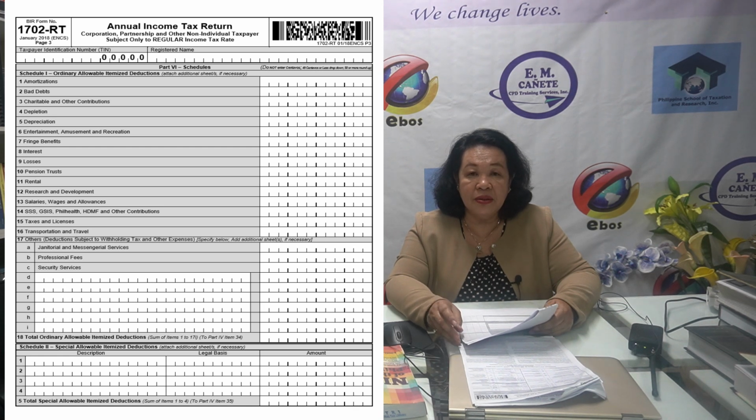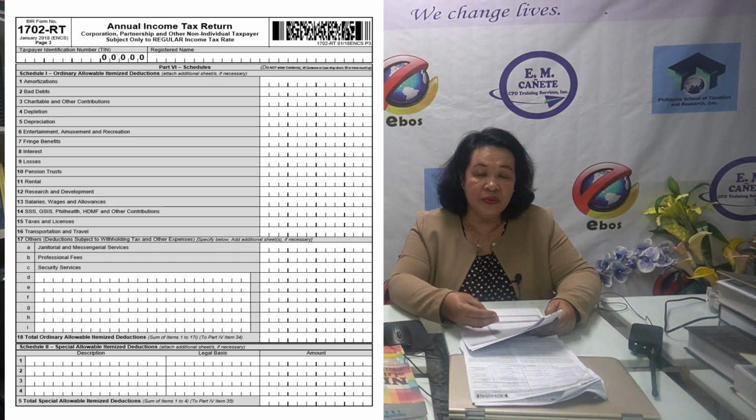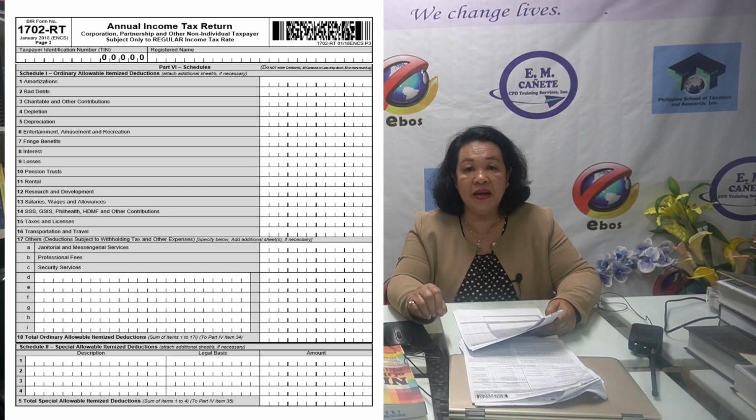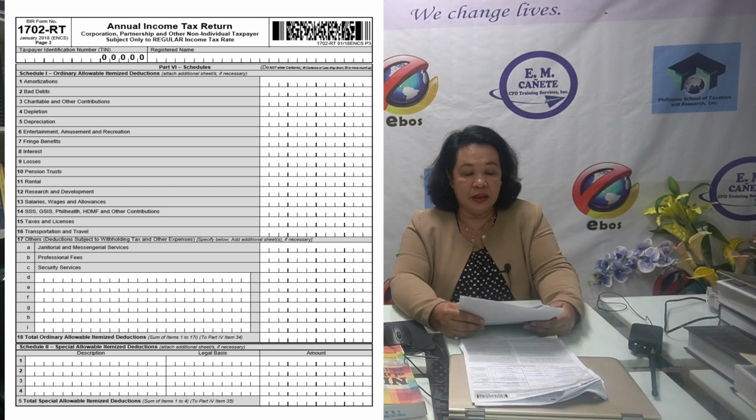The losses should not be compensated by an insurance company, and you are going to report that within 45 days so that the BIR can determine it, assign it to the examiner, and have an ocular inspection of the losses. Then the examiner will make a report in order that you can claim it in your income tax return.